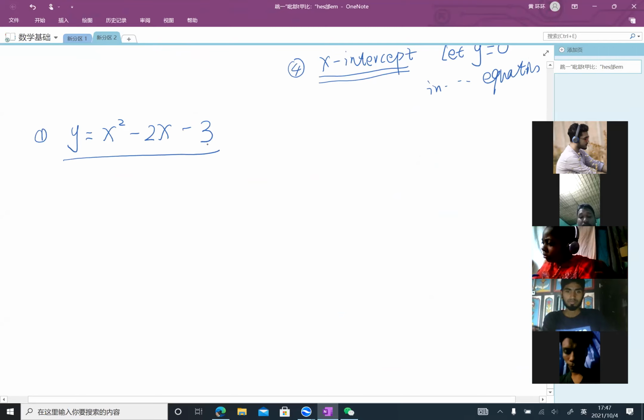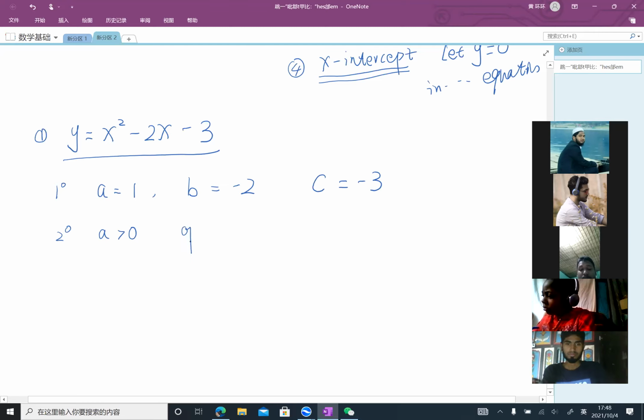For this parabola, a is equal to 1, b is equal to -2, and c is equal to -3. First, a is larger than 0, right? So this parabola opens upward.